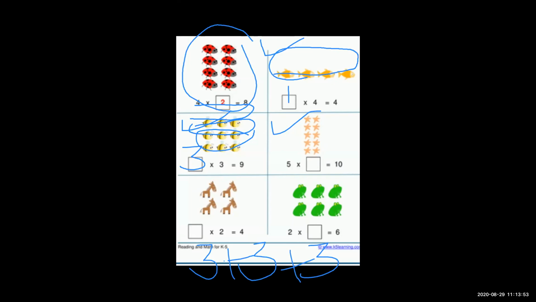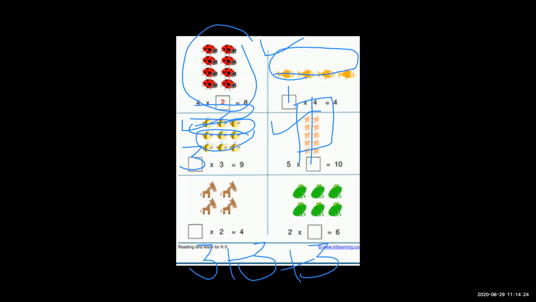No. See, I already gave you two columns here. Now I am going to draw here. In one group, how many objects are there? 5 objects. In the second group, 5 stars are there. So 5 into 2.